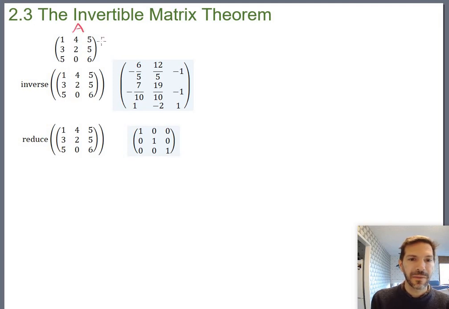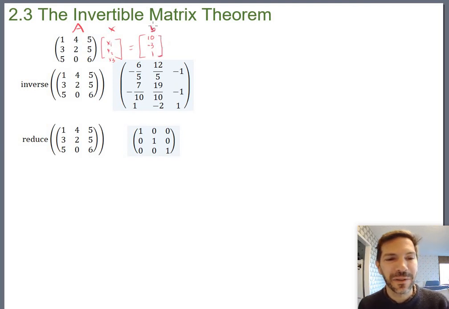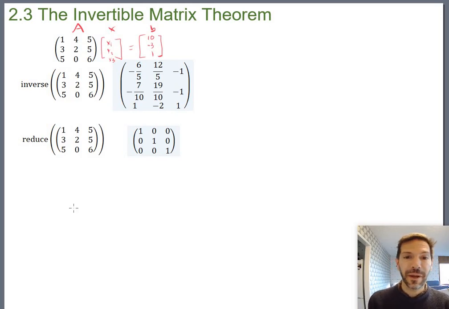and you had some sort of equation you were trying to solve, an Ax equals b, just making that up. If you were trying to solve an Ax equals b, we have two ways of going about it now.